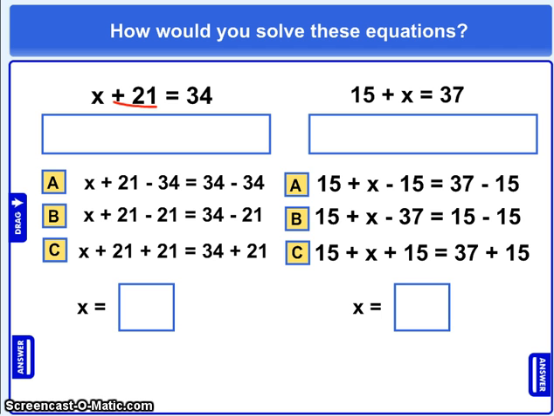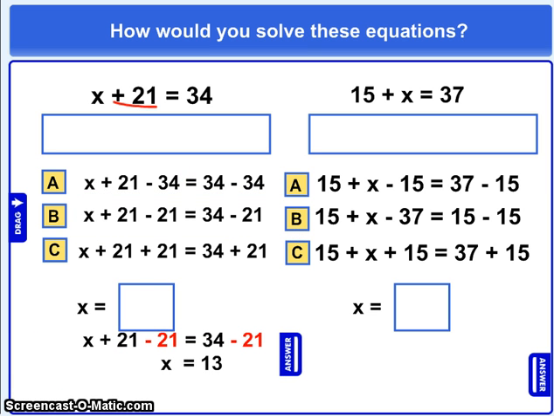If I look at my choices of A, B, and C, the only one that I see doing the opposite of adding 21 would be letter B. Letter B shows that we're subtracting 21 from both sides. And once we subtract 21 from both sides, you should see that 13 would be your answer for X.